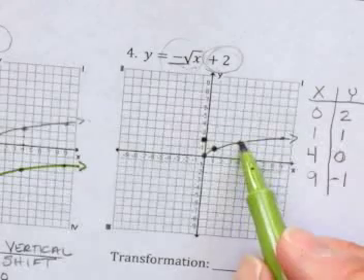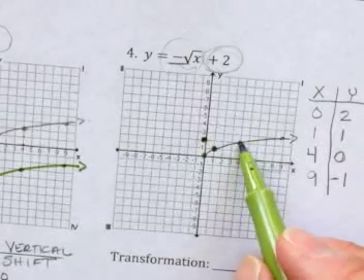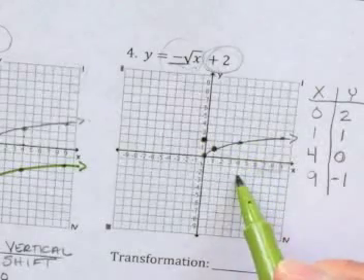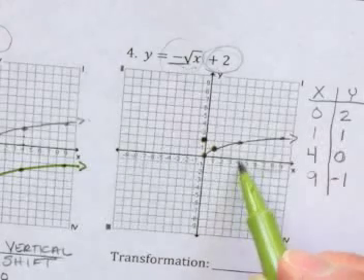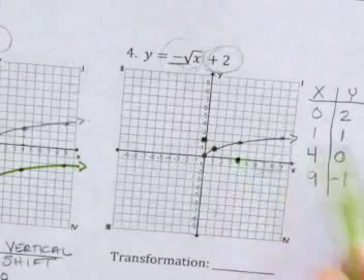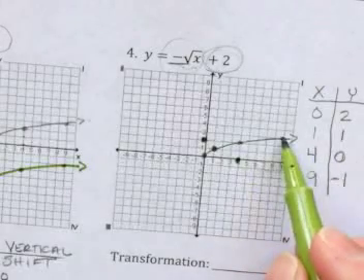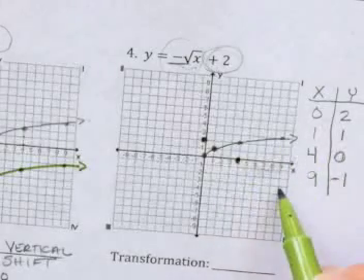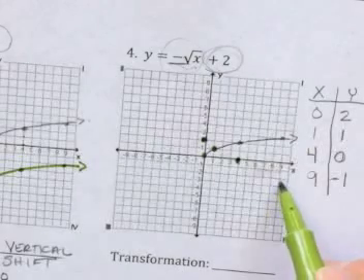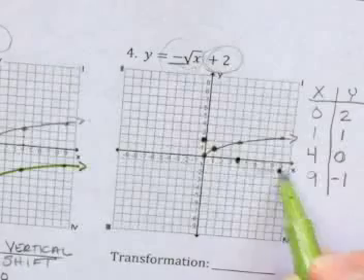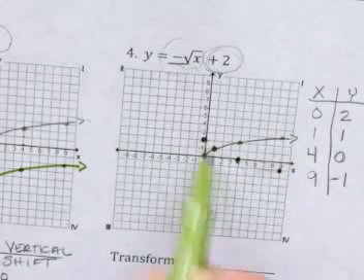I'm going to take 4, 2, and reflect it over the x-axis, and I would be at 4, negative 2. And then I'm going to shift that up 2. And last, I'm going to reflect 9, 3 over the x-axis to be at 9, negative 3. And then let's shift that up by 2, and that gives me a point at 9, negative 1.